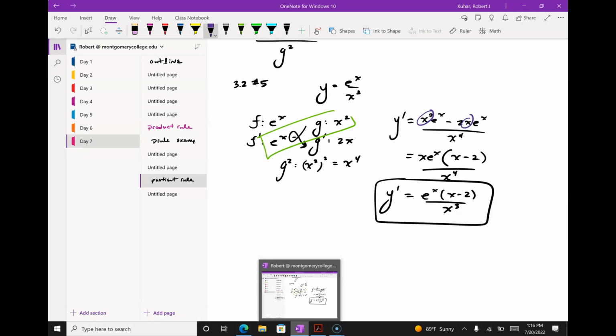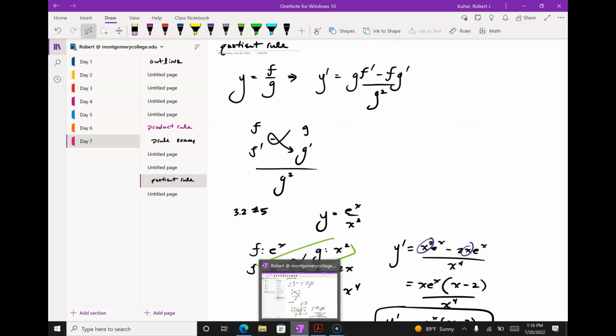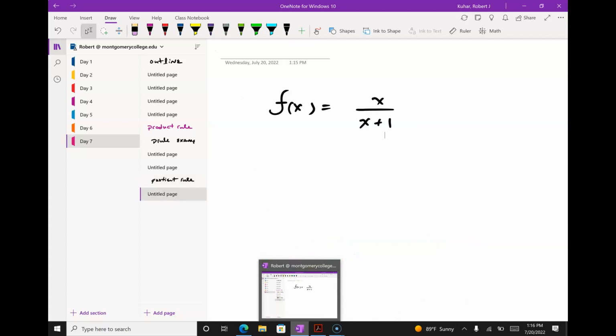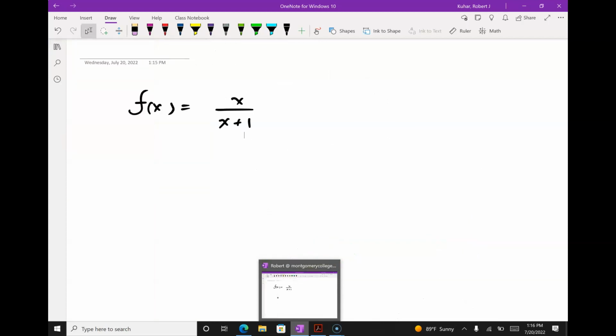Let's do this one. So quotient rule right away, right? So my upstairs function is x. The derivative of that is 1. The downstairs function is x plus 1. The derivative of that is 1.